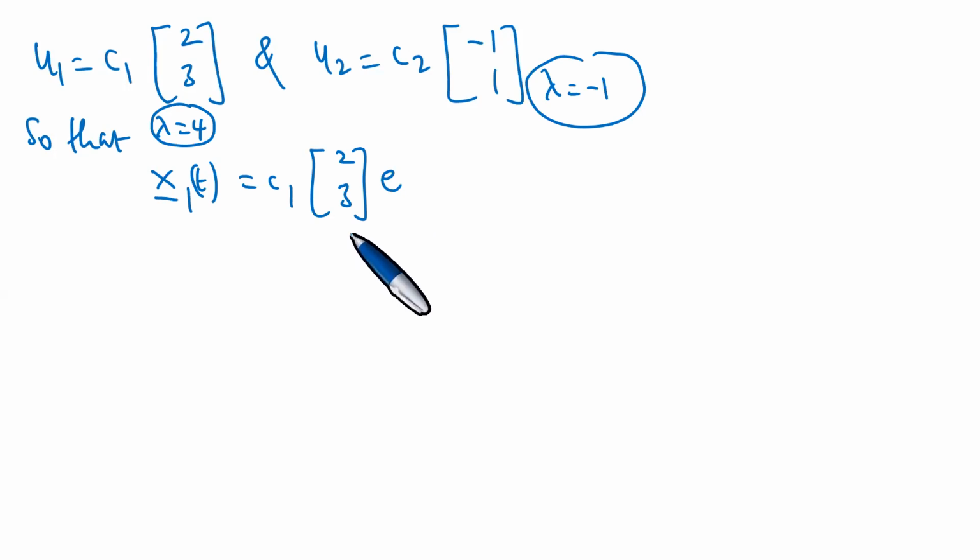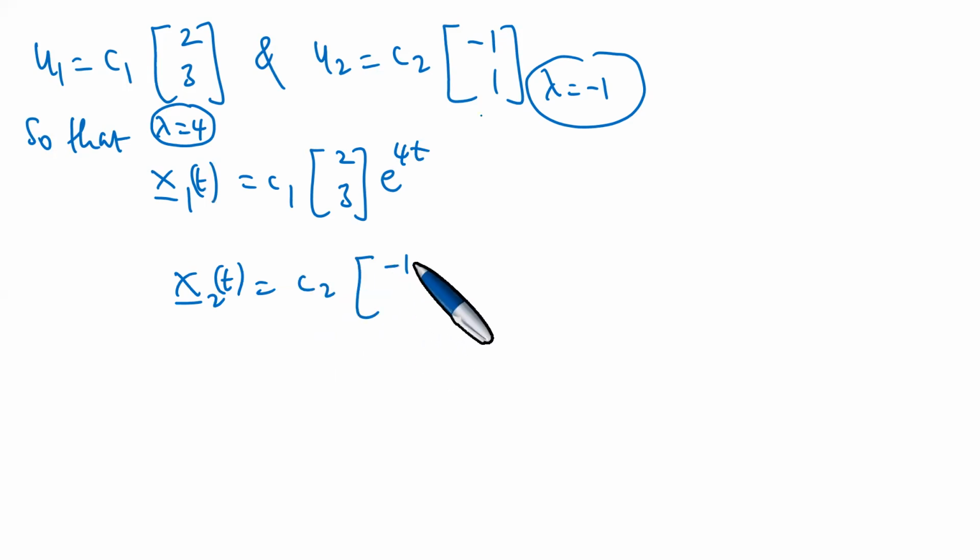So this x1 is C1, 2 and 3, e to the 4t. Then you have x2 of t, which is C2 minus 1, 1, e to the minus t.